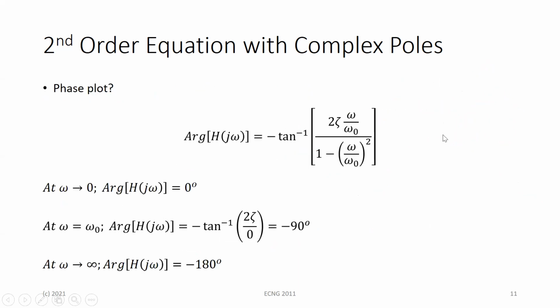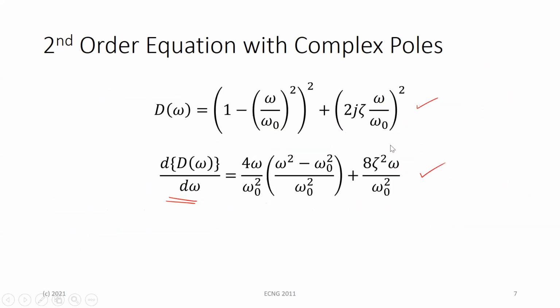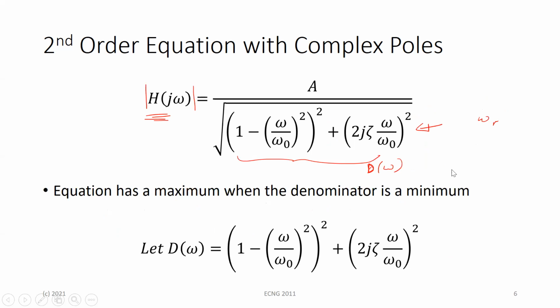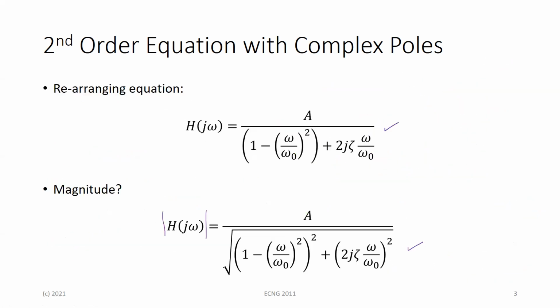If I give you a complex number, 1 over A plus jB, what is the argument of that?